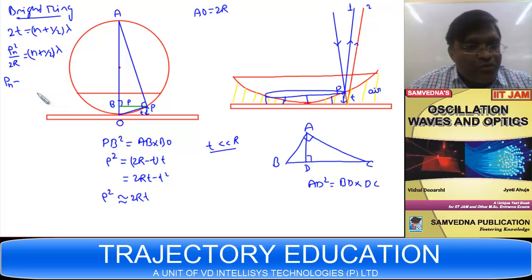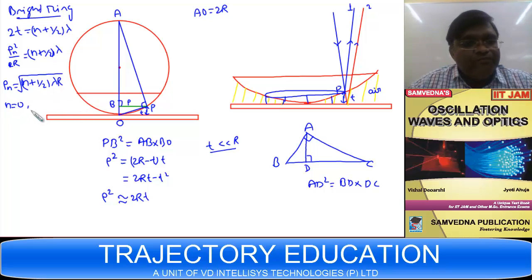I can write this as, oh, this is rho n square by R, right? 2 won't be there. So rho n comes out to be the square root of n plus half lambda R.